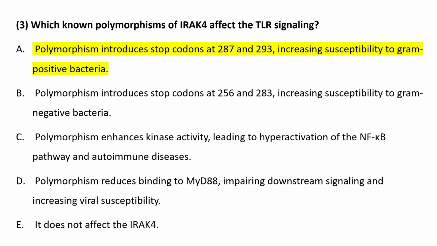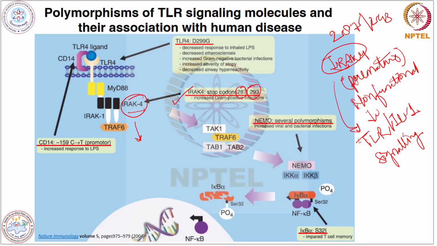That's why this polymorphism introduced in the stop codons 287 and 293 will increase the susceptibility to gram-positive bacteria, because the immune system cannot respond, this protein cannot function, so the gram-positive bacterial infection will increase in this case.